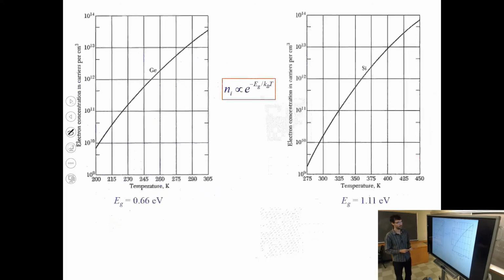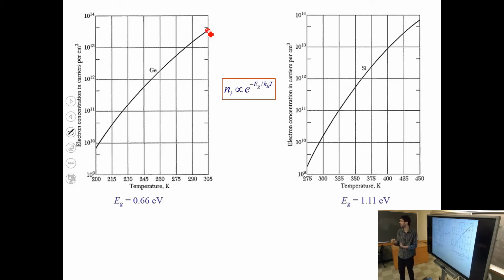So for example, let me jump ahead one slide. Here is what electron concentration does as a function of temperature in two semiconductors, in germanium and in silicon. So you can see that in germanium at about room temperature, which is here, it starts somewhere between 10 to the 13 and 10 to the 14.